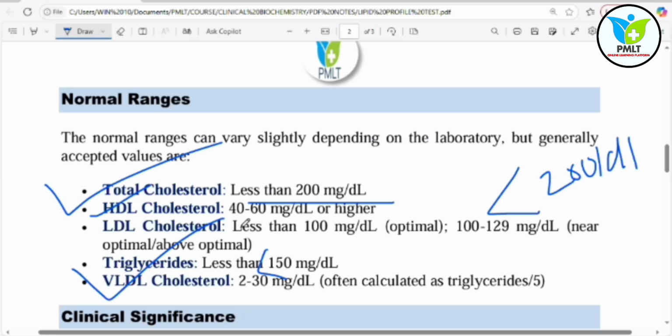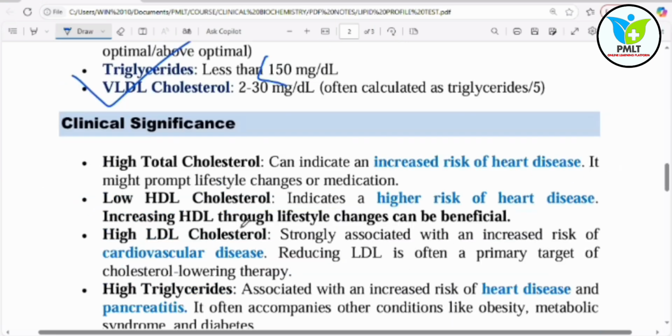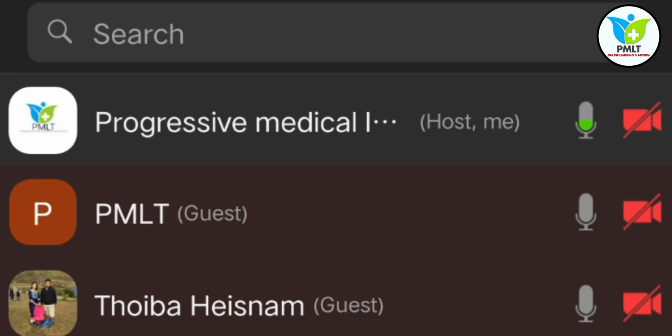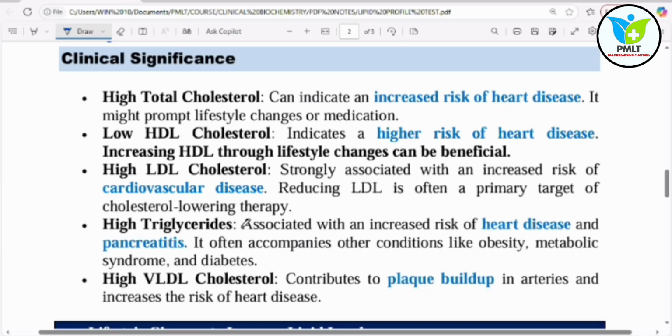After that, clinical significance. Whenever any kind of cholesterol or lipid level becomes higher, you might find a clinical significance or disease related to cholesterol.